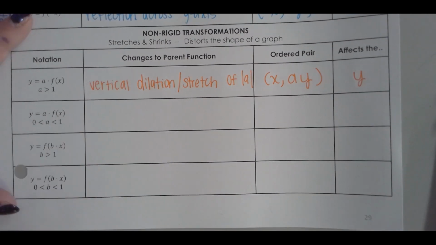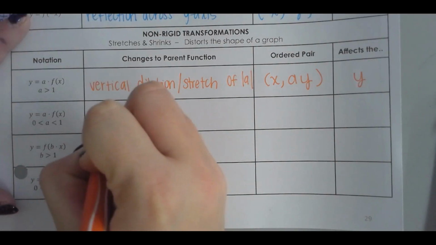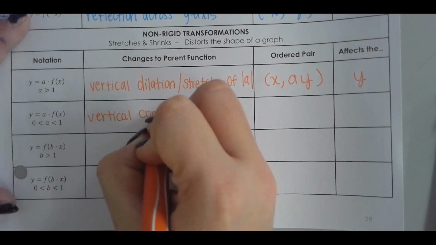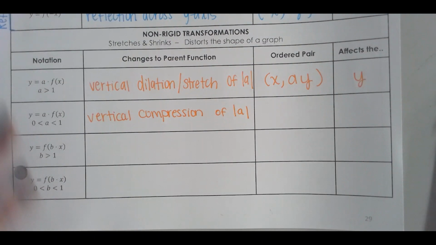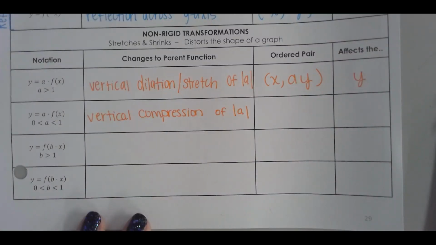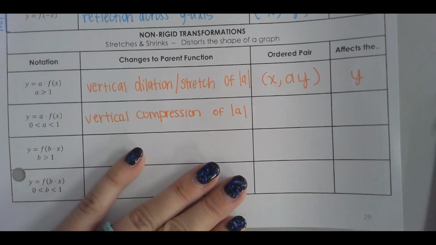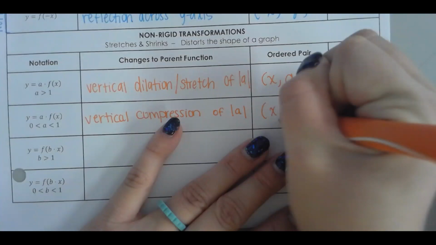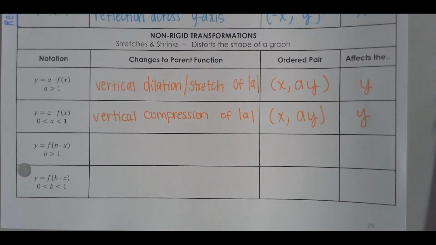That a point. So it's a number between 0 and 1. It's still a vertical, but it's a vertical compression. Or when numbers are multiplied in the very front.